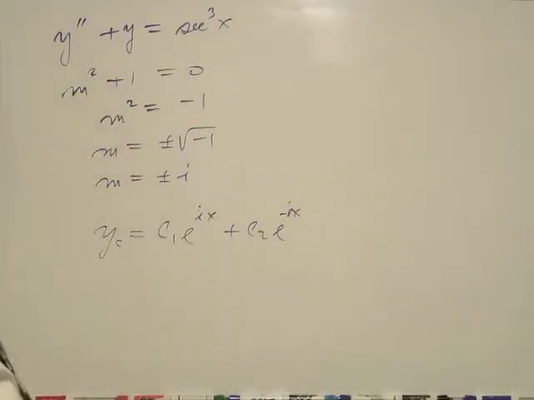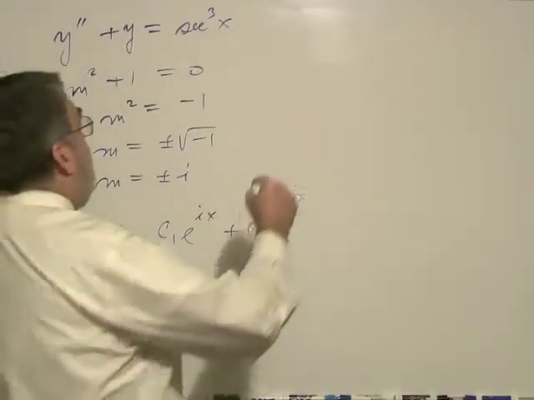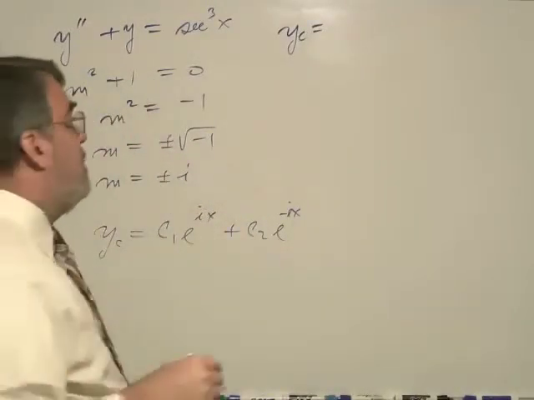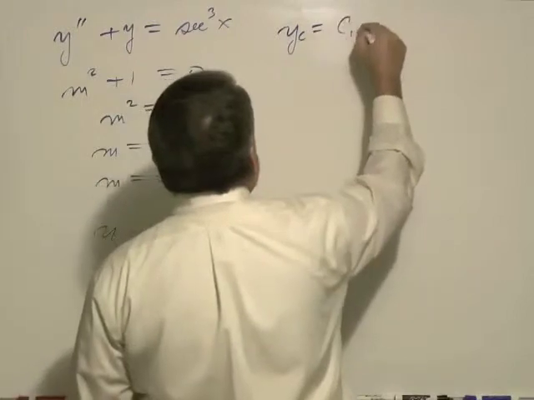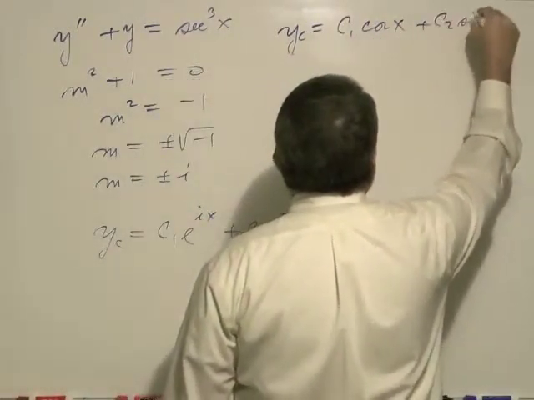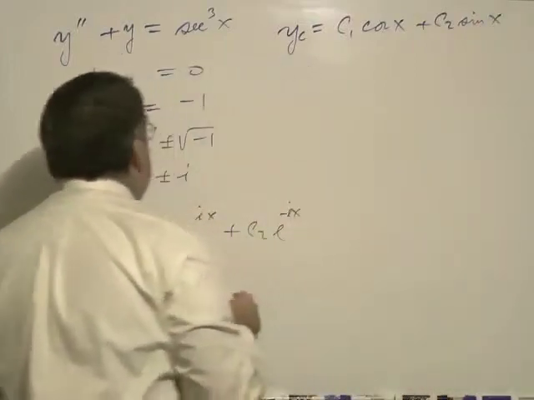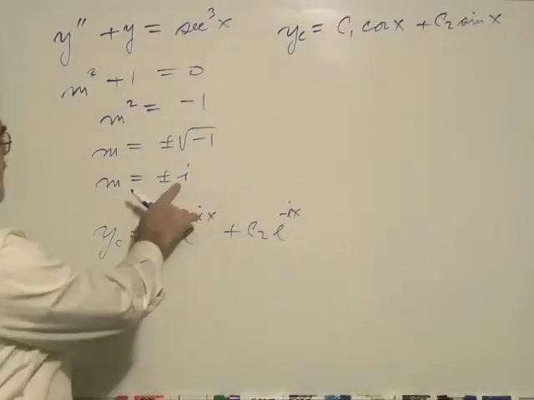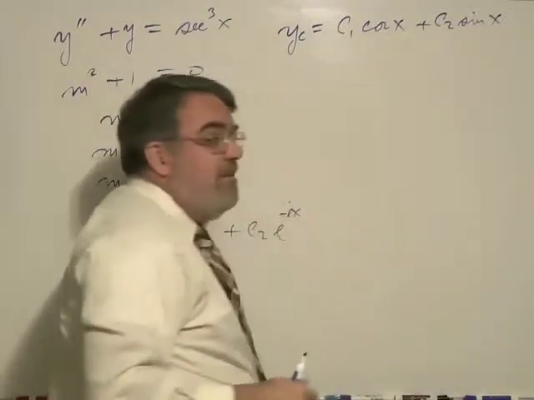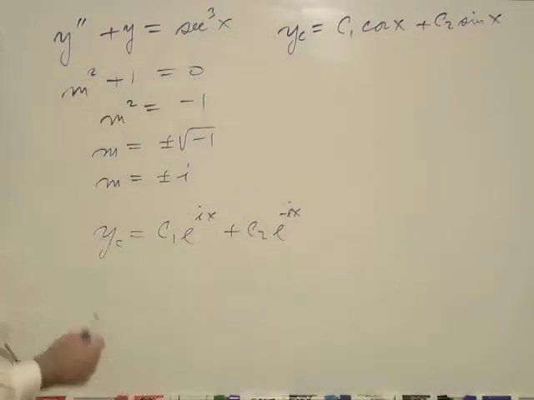Or, as we saw in earlier videos, we can also write this in cosine and sine form: c1 cosine of x plus c2 sine of x. Now, if this was plus or minus 2i, we would have cosine 2x and sine 2x instead of what I have up there. Alright, so there's our start.